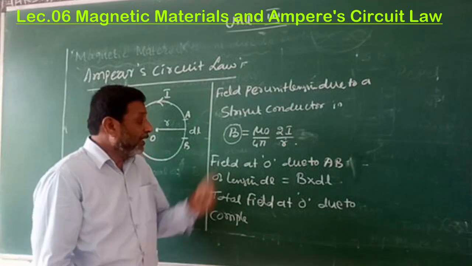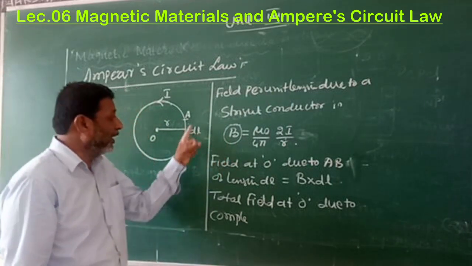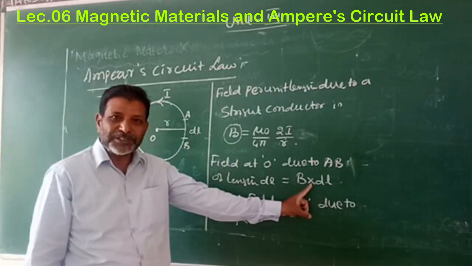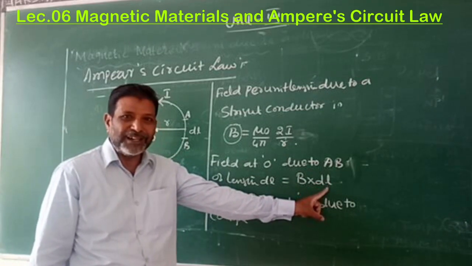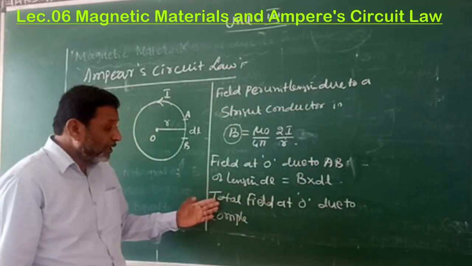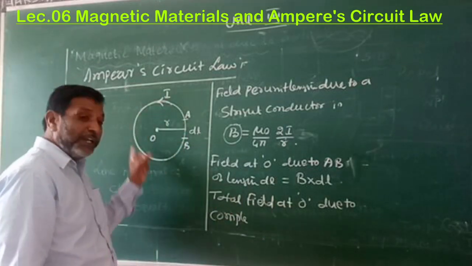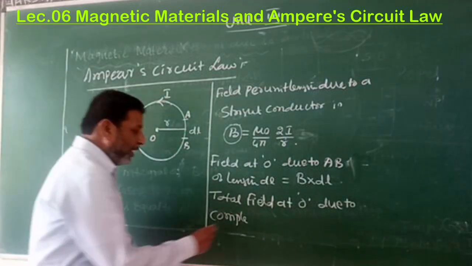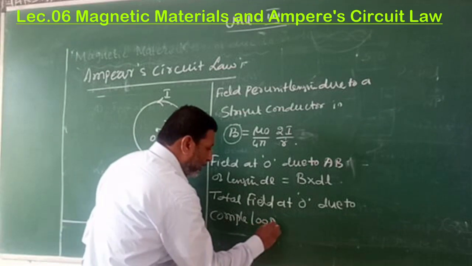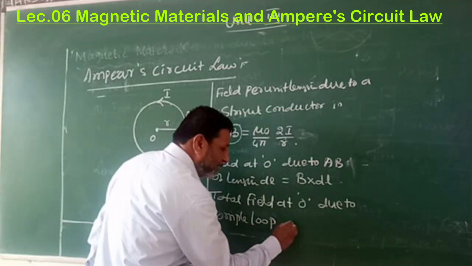Then the magnetic field due to the length dl is B into dl. Therefore, what is the total field here due to the complete loop?